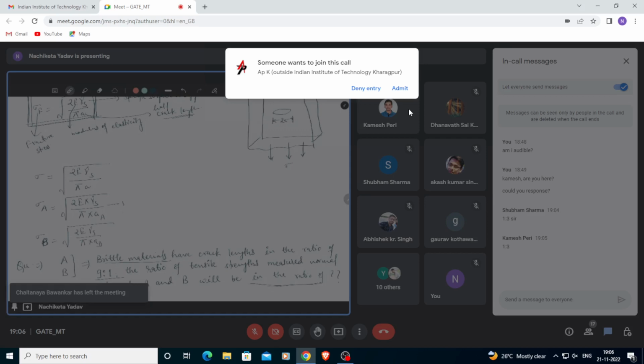So if we call these equation 1 and equation 2 and divide them, it is asking the ratio of tensile strength measured normal to the cracks of A and B. So it is asking sigma A by sigma B. If we further calculate, this is the square root of crack length a B by a A, and it is given 9 is to 1, so we will write 1 is to 9.